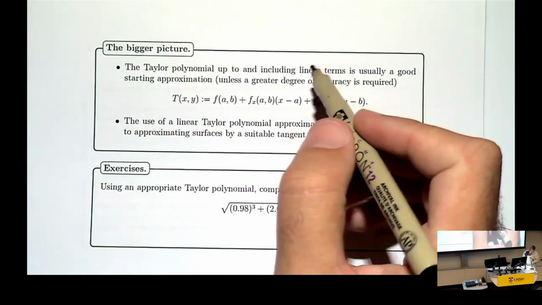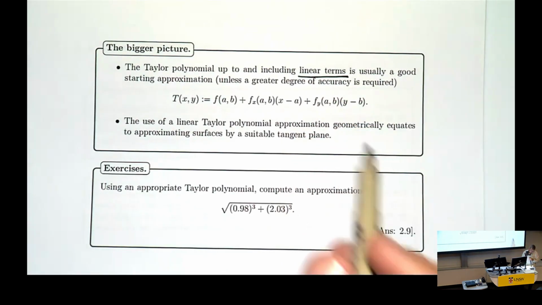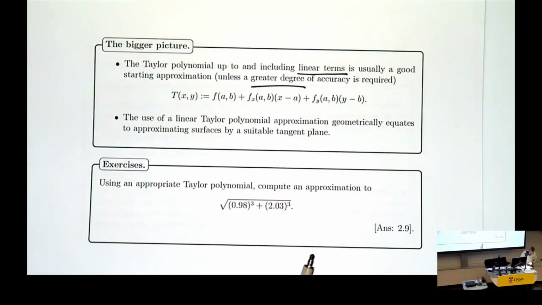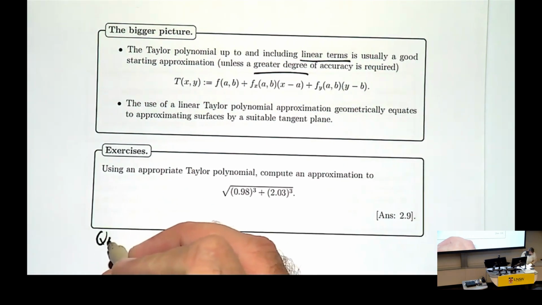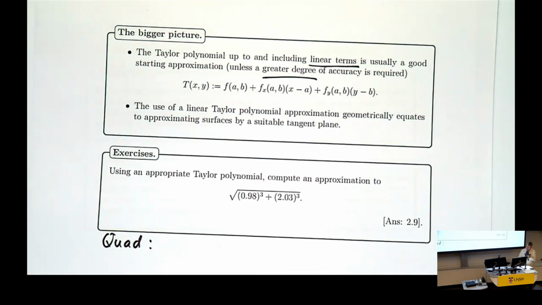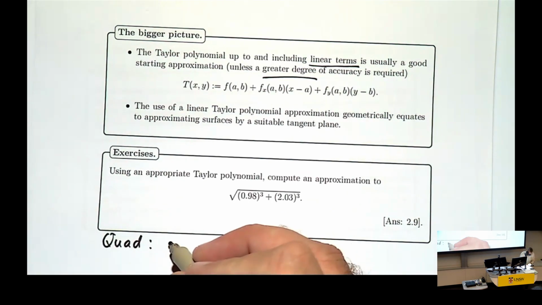Here's the Taylor polynomial up to and including linear terms, unless a greater degree of accuracy is required. So what does that greater degree of accuracy involve? It would be something like this. If I wanted the quadratic terms in there, it would be something like this.